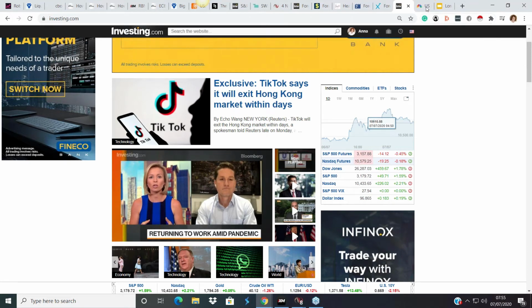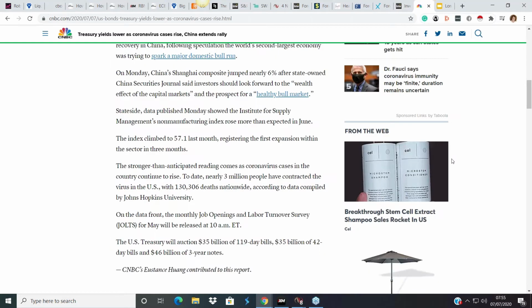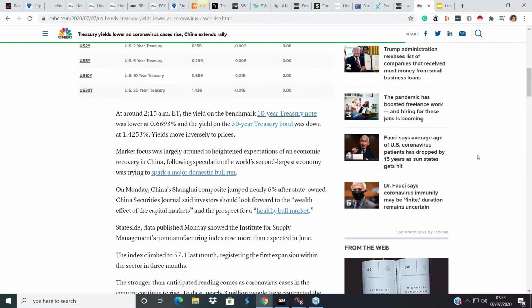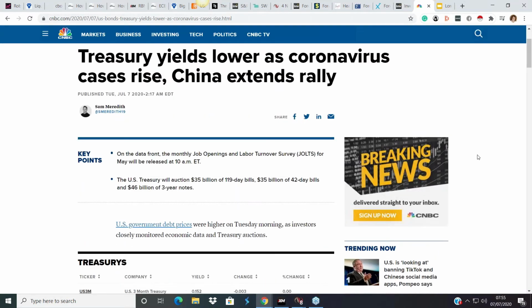What also has been powering higher is the Shanghai Composite, which is obviously the Chinese stock market. Now, when we talk about sentiment, those of you who come along, and those of you who read what I write on my Facebook pages and on my blog, will know that what I'm saying is about cross-market analysis.